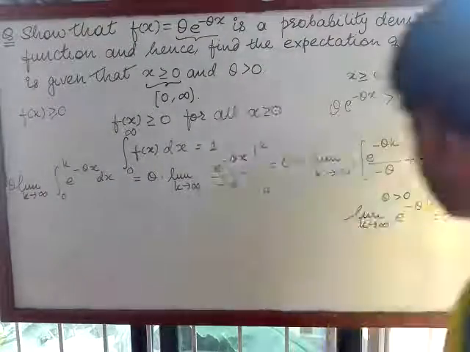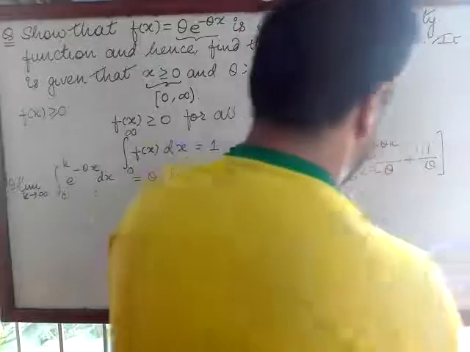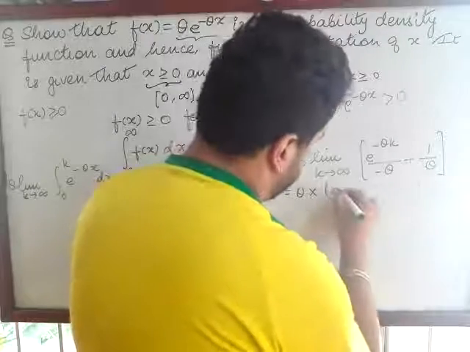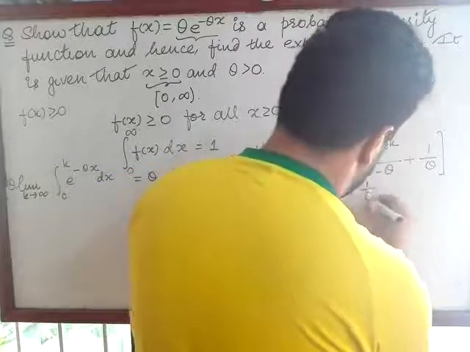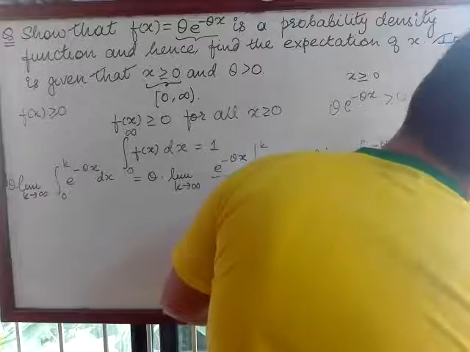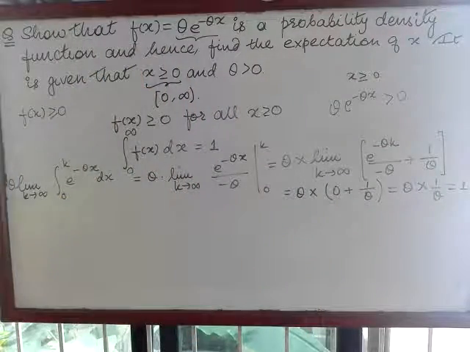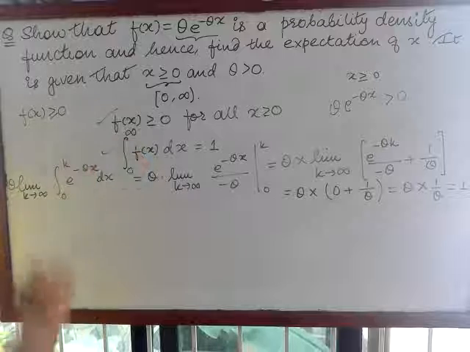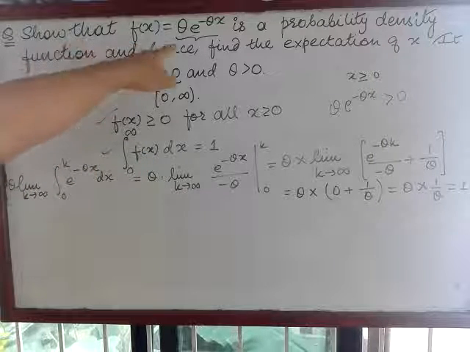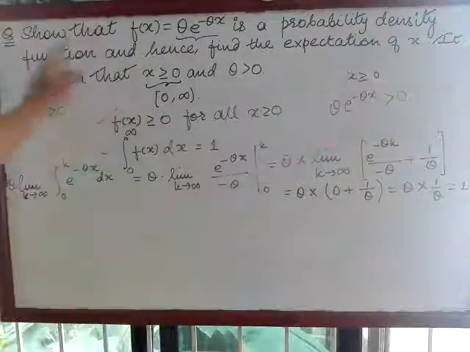Using that result, we have theta as it is, times 0, plus 1 by theta. So this is theta times 1 by theta, equal to 1. So we've shown that f(x) is a probability density function.